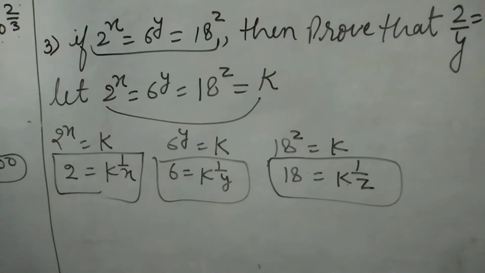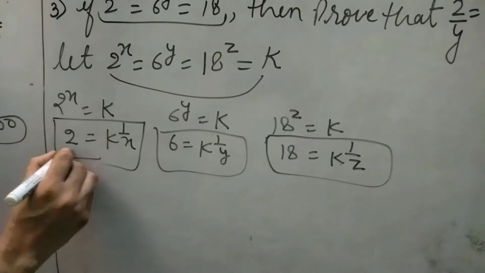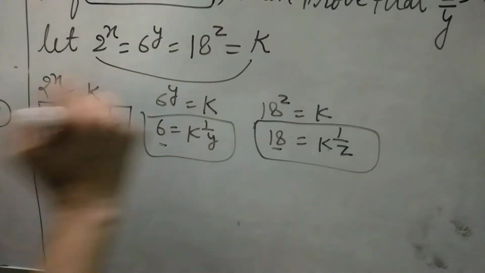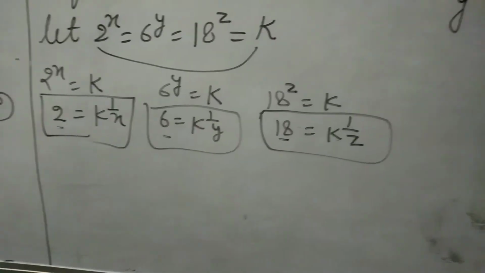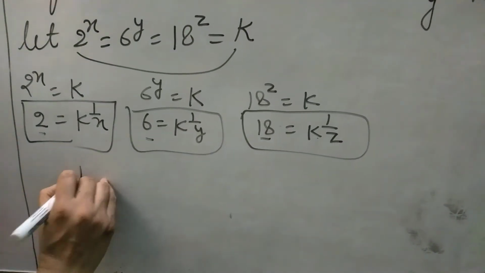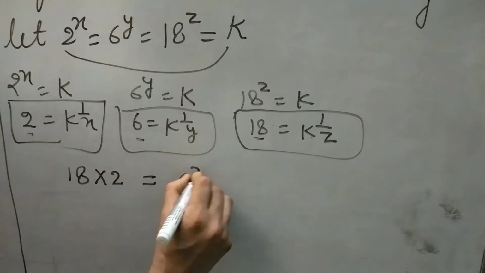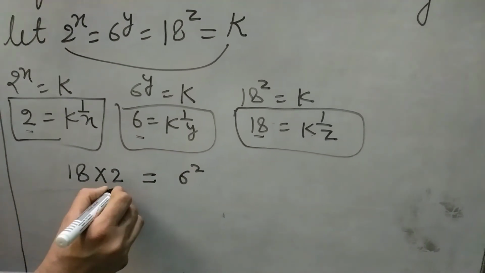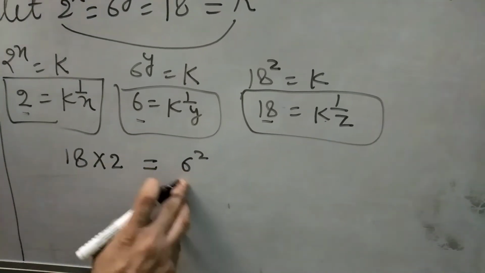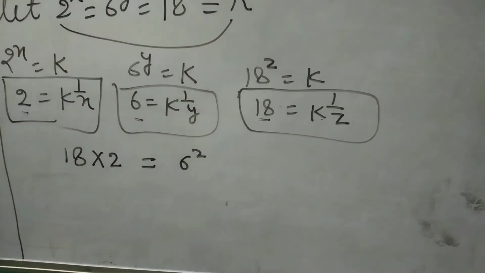Now we take the relationship between 2, 6 and 18. We can take 18 multiplied by 2 is equal to 6 squared, because 18 multiplied by 2 is 36 and 6 squared is also 36.